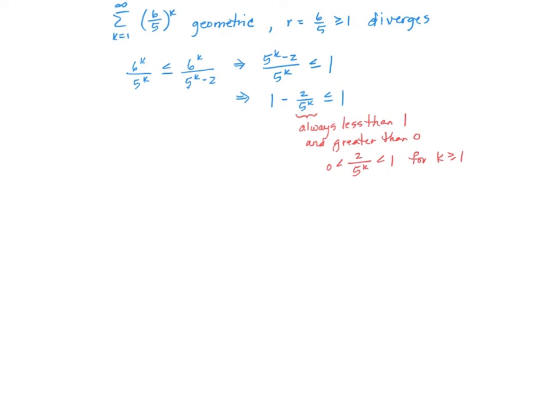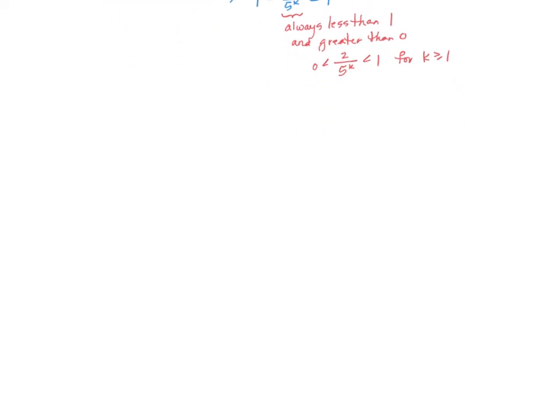So now I've shown the inequality that I needed, and I found a comparison function that diverges. So this fits criteria number 2: b sub k is less than or equal to a sub k, and b sub k diverges, so I can conclude that a sub k diverges. This is what I would write: thus, so, therefore, whatever you want to write.